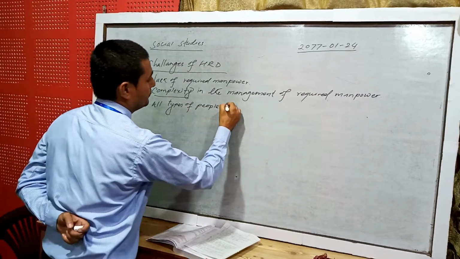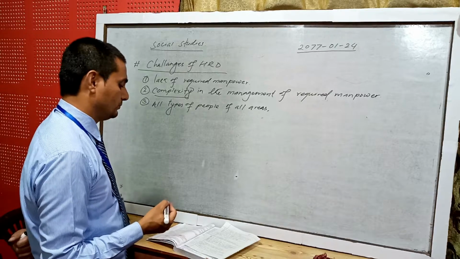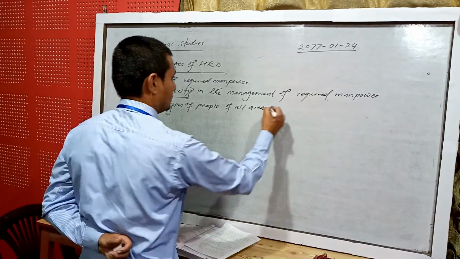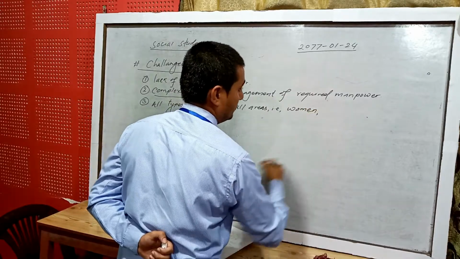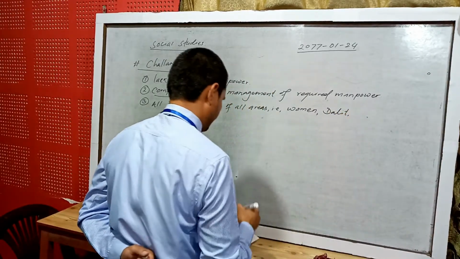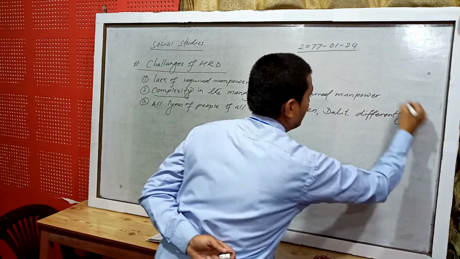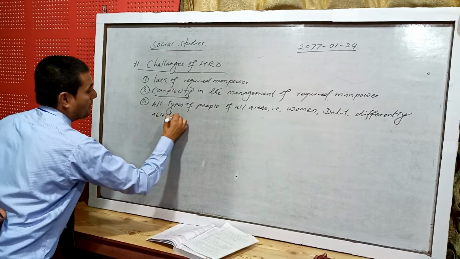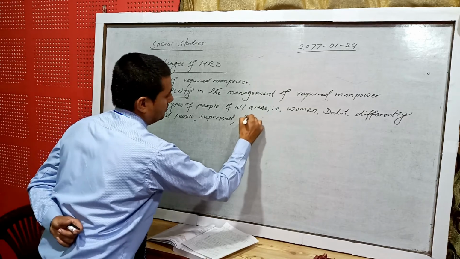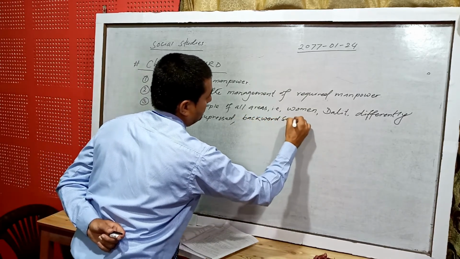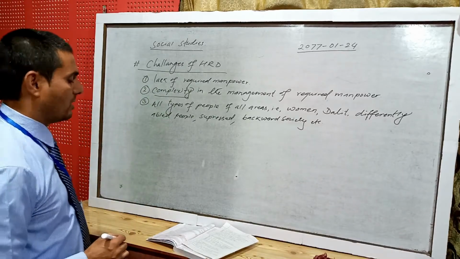Now, the next problem or challenge of human resource development is that all types of people of all areas, that is, women, Dalit, differently abled people, suppressed, backward society are not addressed well.